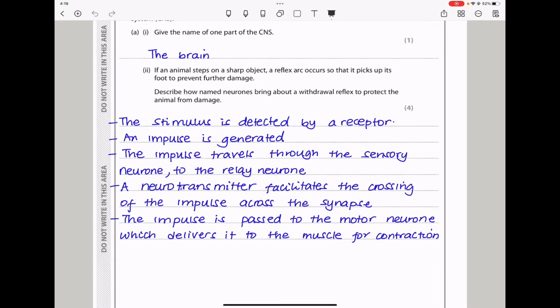This impulse will travel through the sensory neuron and then to the relay neuron. Neurotransmitters are going to be released as the impulse crosses the synapse, and then the impulse is going to be passed onto the motor neuron, which delivers the impulse to the muscle in order for muscle contraction to occur so that the animal withdraws away from the danger. Moving on.